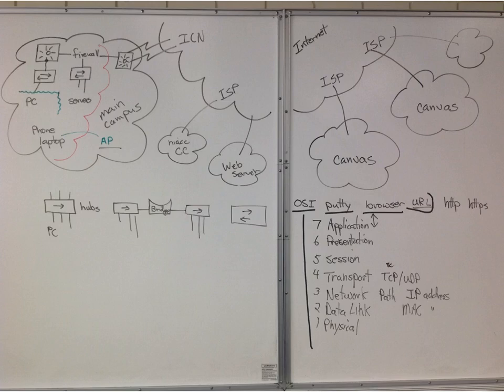The browsers produce URLs, secured and not secured communications. The application layer connects into whatever software we're using. We present the data, we create a session, then we figure out how we're going to transport it. This is really all you need to know. Then we put an IP address on it.